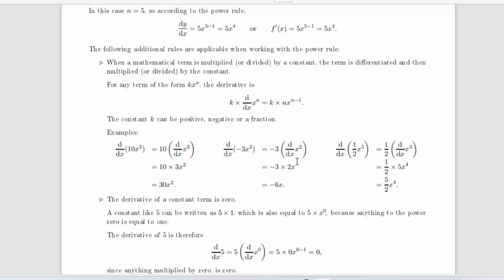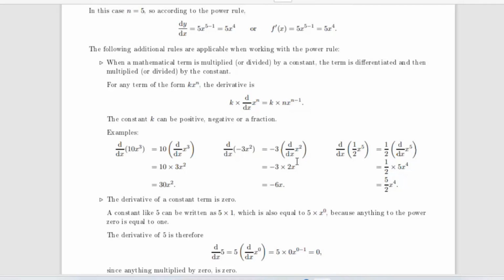Thank you. Now let's look at this last one. They say we need to find the derivative of half of x to the power 5. How do we do that? Half is a constant. You leave half as it is.